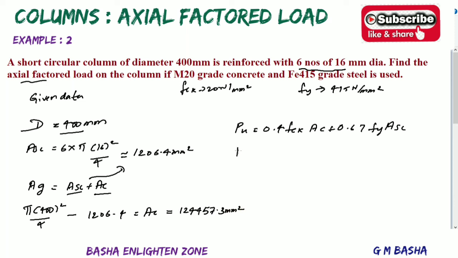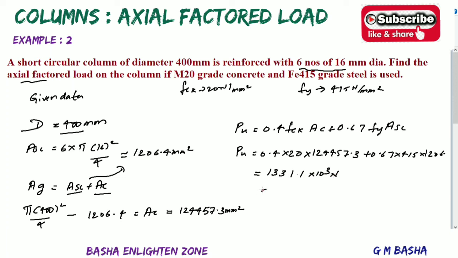Substituting all the values one by one: 0.4 into 20 into the area of the concrete, 124457.3, plus 0.67 into 415 into the area of the steel, 1206.4. You will directly get 1331.1 into 10 to the power of 3 newtons. If you want kilonewtons, divide by 10 to the power of 3. So this is the procedure for finding axial loads for different columns like circular, rectangular and square columns.